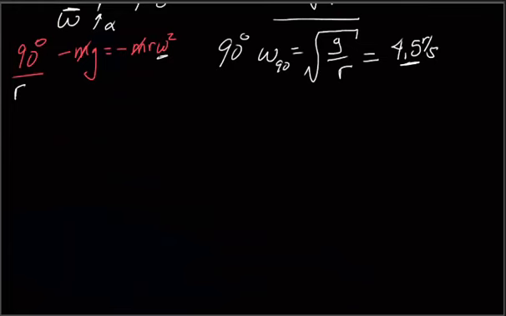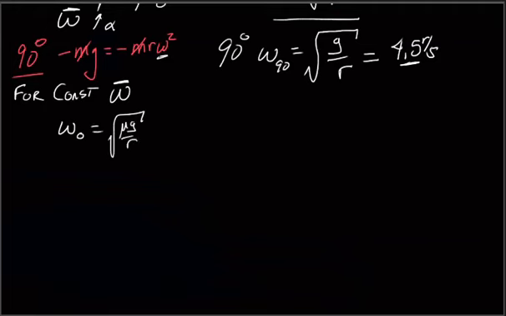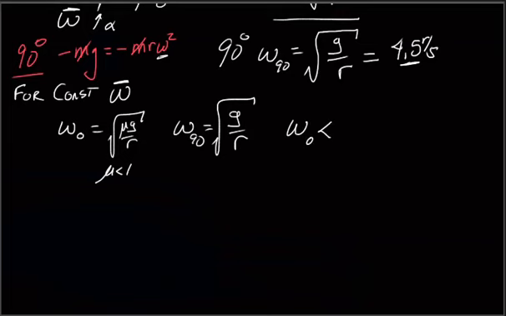So we can say then for constant omega, omega 0 is the square root of mu g on r, and omega 90 is the square root of g on r, and since mu is generally less than 1, we can say that omega 0 will always be less than omega 90.